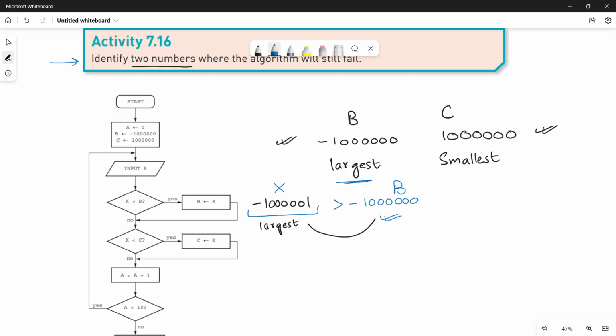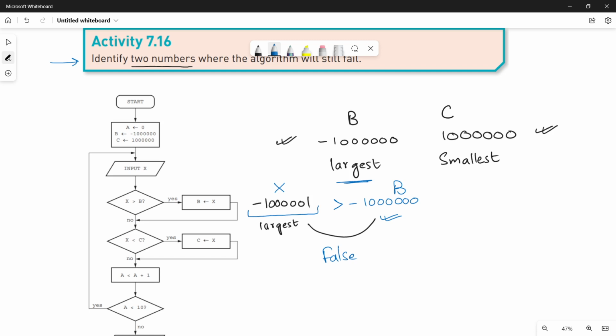And when this largest number in your test data, minus 1,000,001, is compared with the value of variable b, minus 1,000,000, this statement is going to be false.